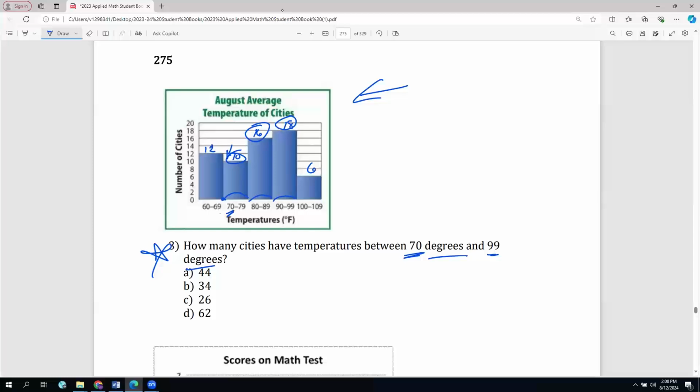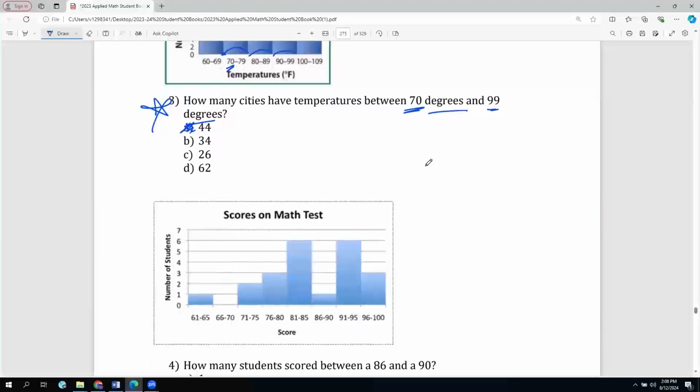So how many cities? Well, I have to add all these up. Did we come up with 44? I think that's right. So how many cities have average temperatures between 70 degrees and 99 degrees? 44 of them do. You want to try again? Let's take a look at this next question here.